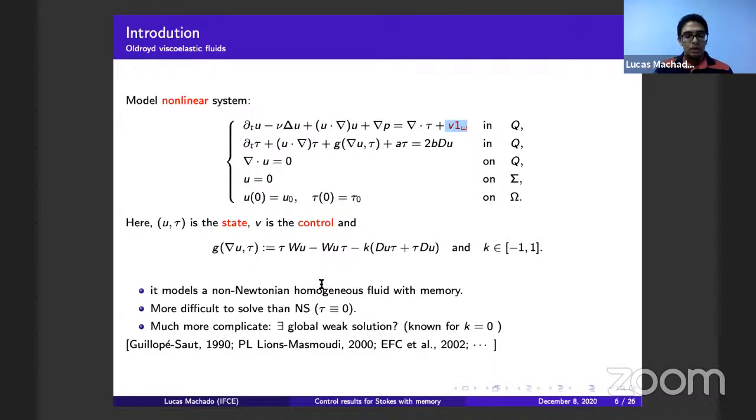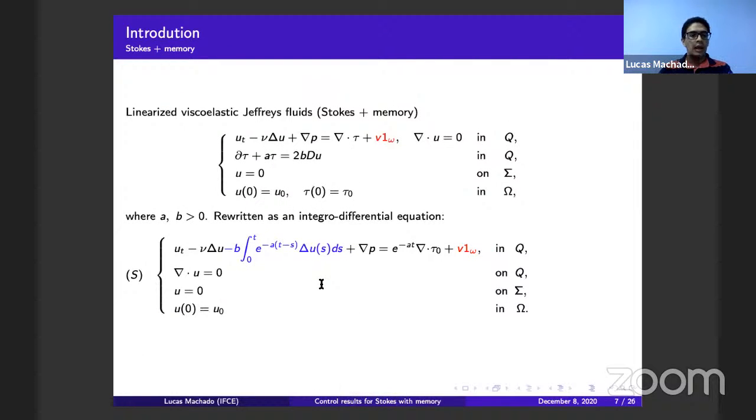Then it is natural to analyze a linear version of this equation. So we have the linearized viscoelastic Oldroyd fluid, okay. You can solve for tau and replace it in this equation. Then we get this integro-differential equation S, that is, Stokes equations with memory, okay.